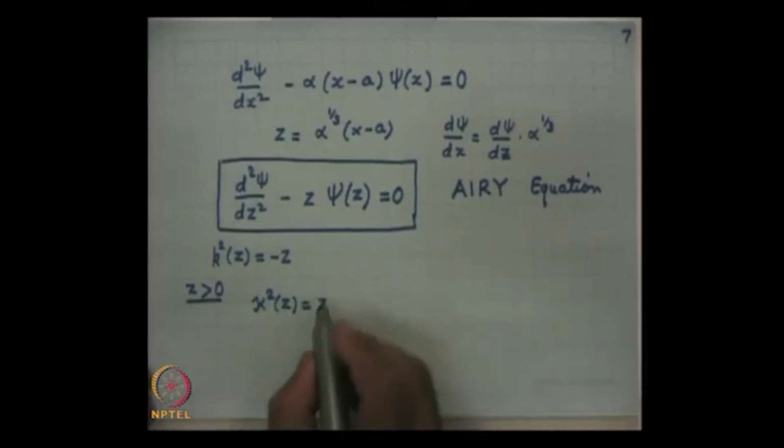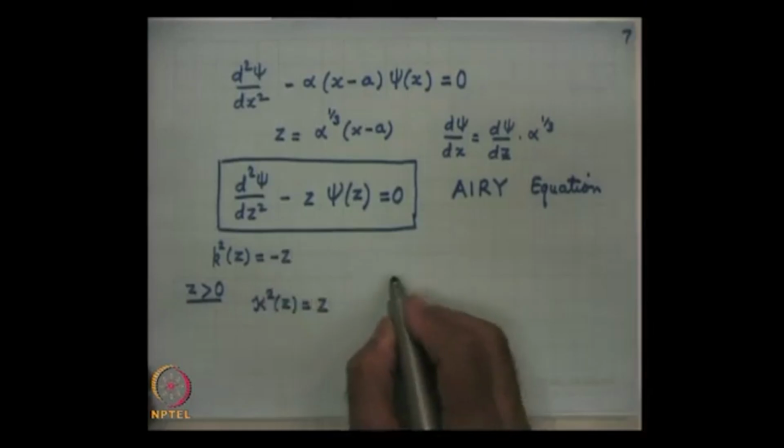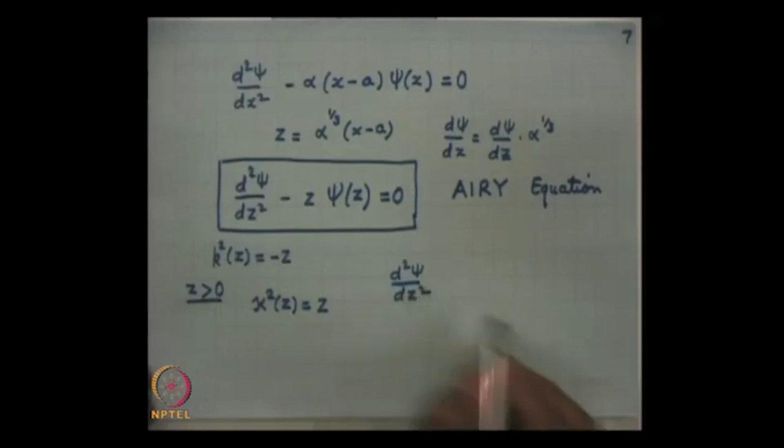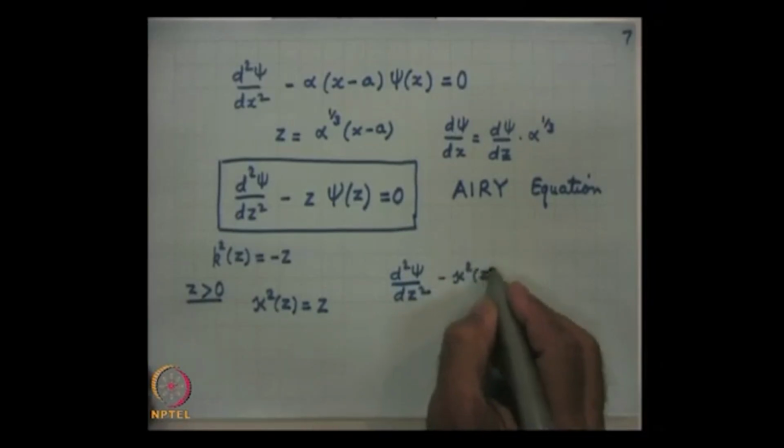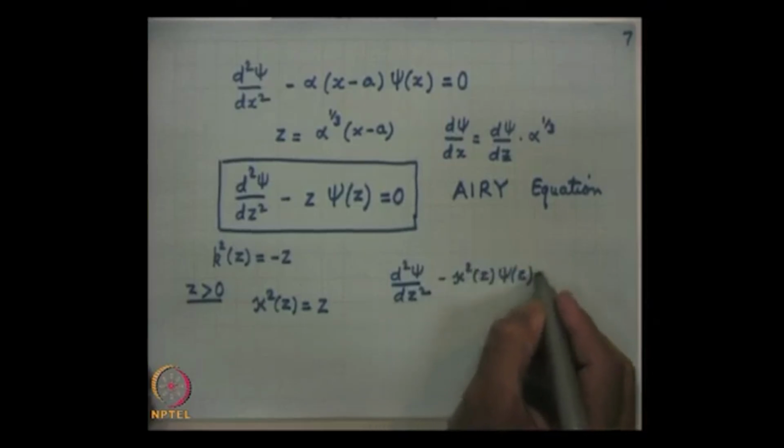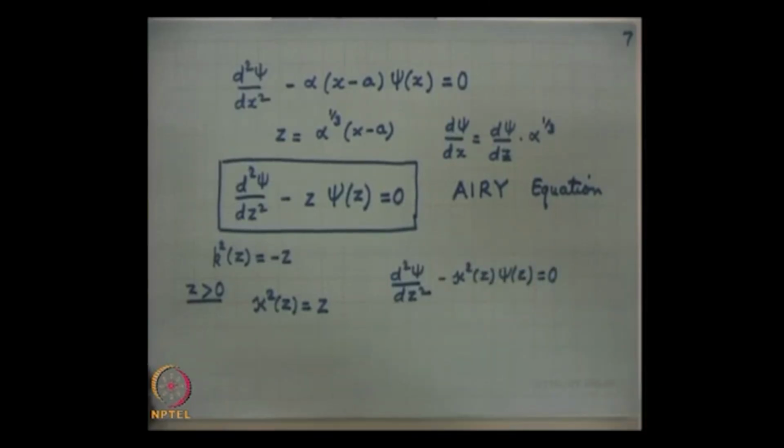So, for z greater than 0, this equation becomes d2 psi by dz square minus kappa square of z psi of z is equal to 0. Now, since kappa square of z is equal to z, kappa of z is square root of z, and square root of kappa z is equal to z to the power of 1 by 4.